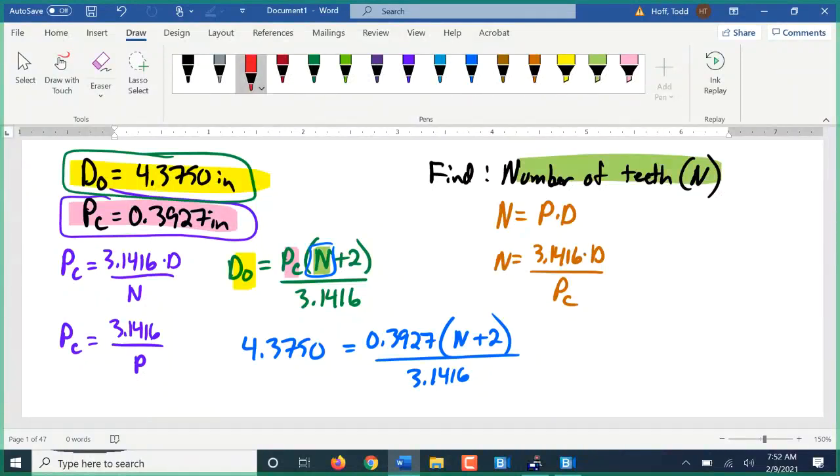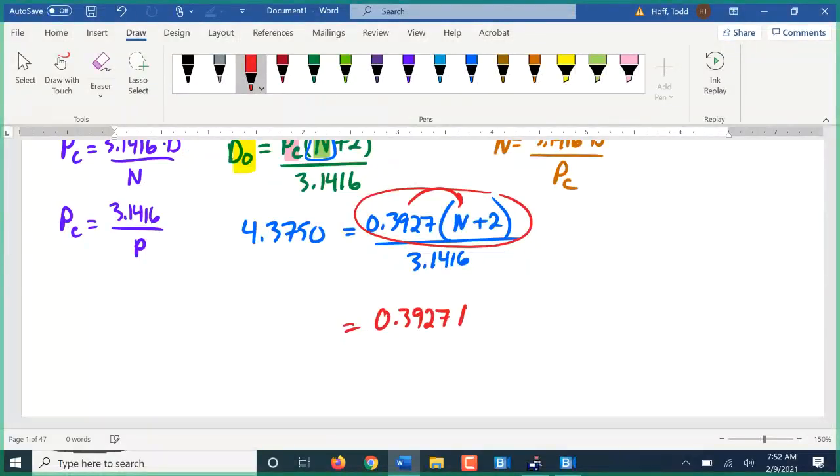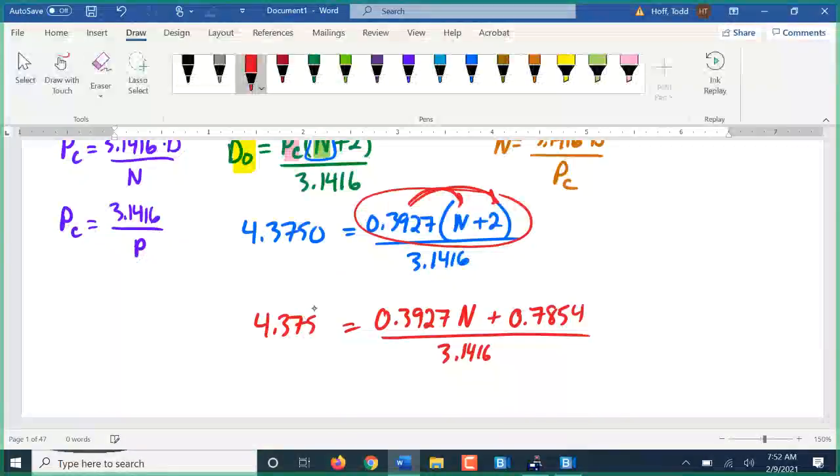First thing we would do here is distribute. 0.3927 times n is 0.3927n. 0.3927 times 2 is 0.7854, and that is still over 3.1416. And it still equals our outside diameter of 4.3750. Now that we've distributed, there's nothing to combine on the right side anymore. Technically, you could distribute dividing by the 3.1416.